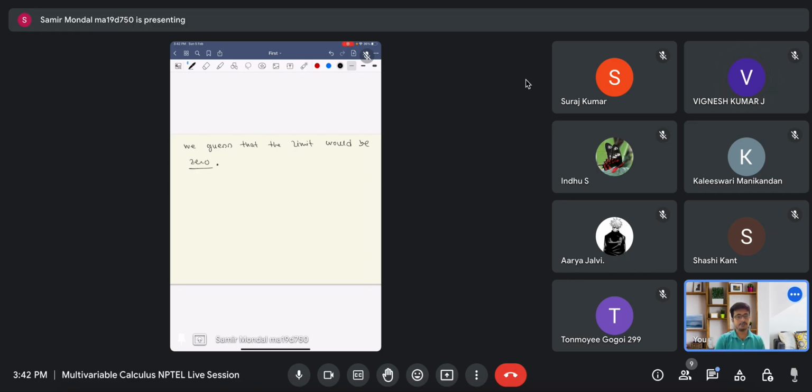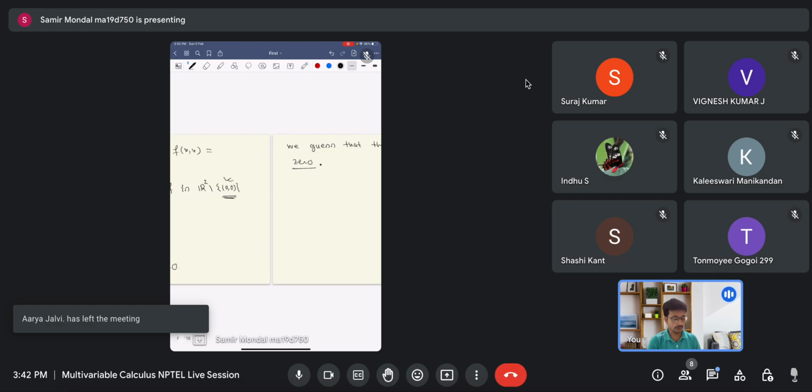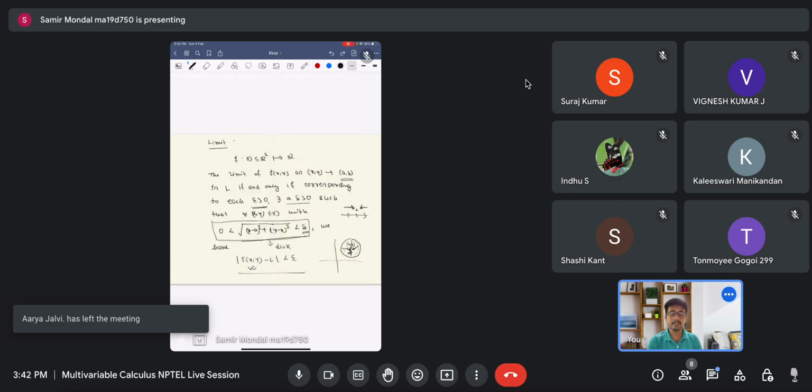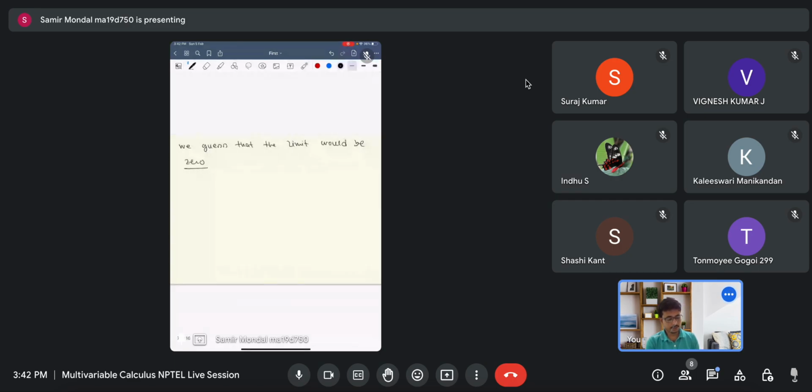This is the disadvantage of the definition of limit. At first you have to guess the limit, then you have to verify whether your guess is correct or not, because we already assume that the limit of the function will be L, or will exist. So already we are assuming it, and with that we have to prove that this is the limit or not. So right now our guess is 0.